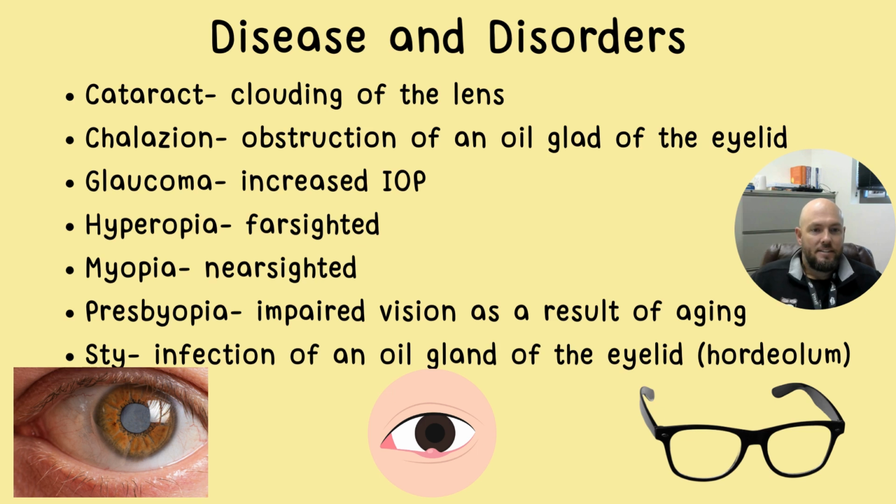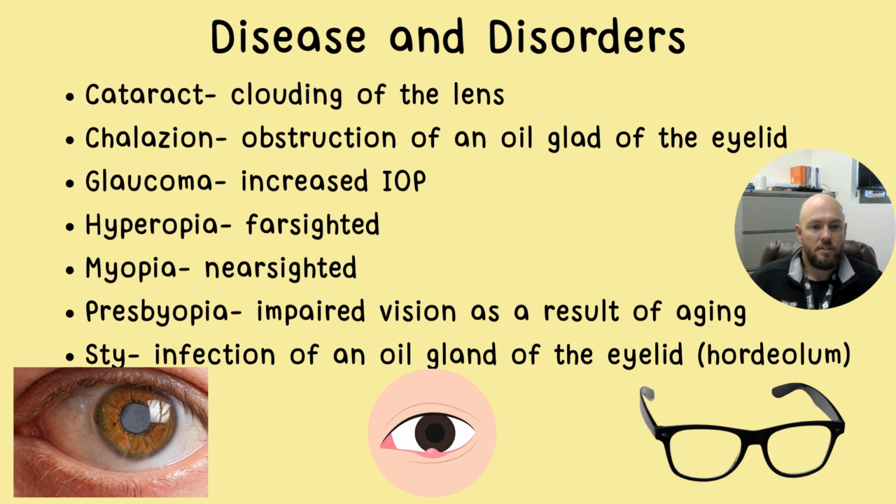So a cataract is a clouding of the lens. A chalazion is an obstruction of an oil gland of the eyelid, non-infectious obstruction. Glaucoma is increased intraocular pressure. So the pressure within the eye is higher than normal, can lead to vision loss if left untreated.